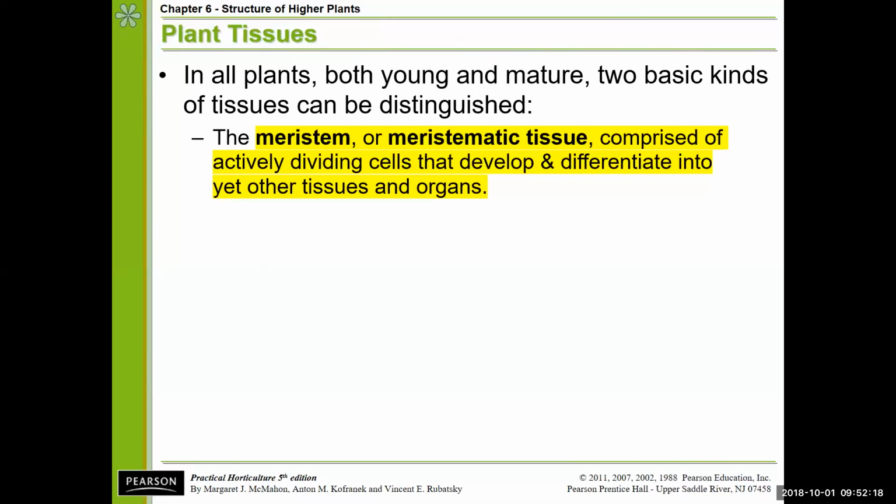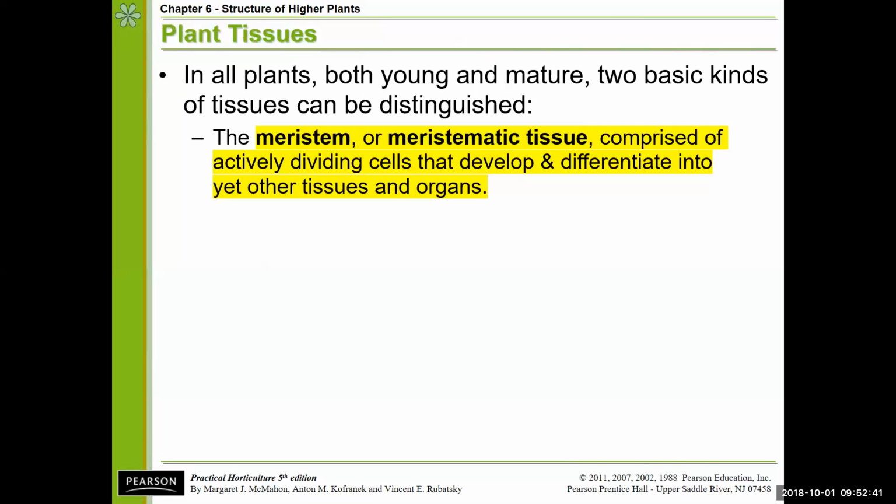Back to that meristem, or meristematic tissue. These are the areas of plants that are actively growing. That's where we have active cell division. It's really important, especially for plant propagation, because that's the area where the cells are primordial, where they're not yet differentiated, but they can be.